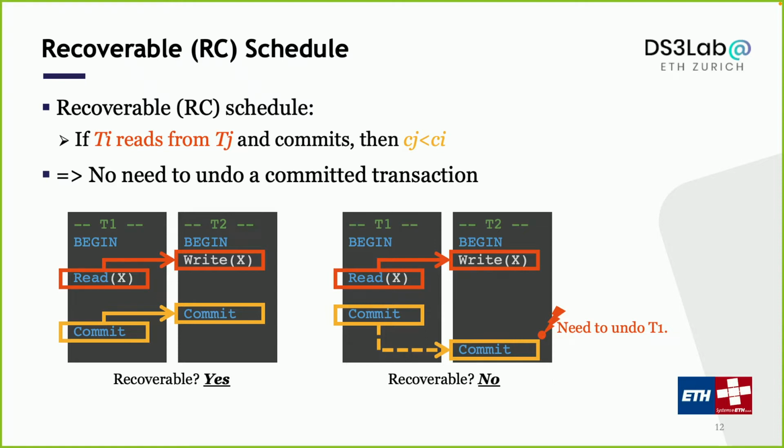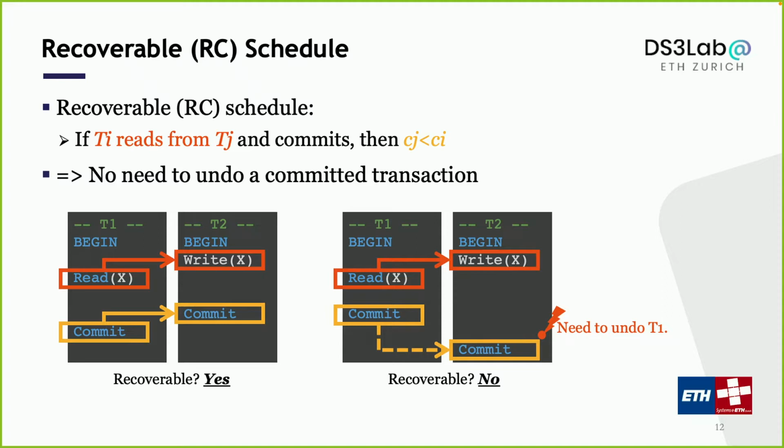Because we do not have this parallel structure, if you look from T1 to T2, you have read and write from the lower part to the upper part, but for the commit, you go from the upper part to the lower part. So you do not have the parallel structure in the direction.